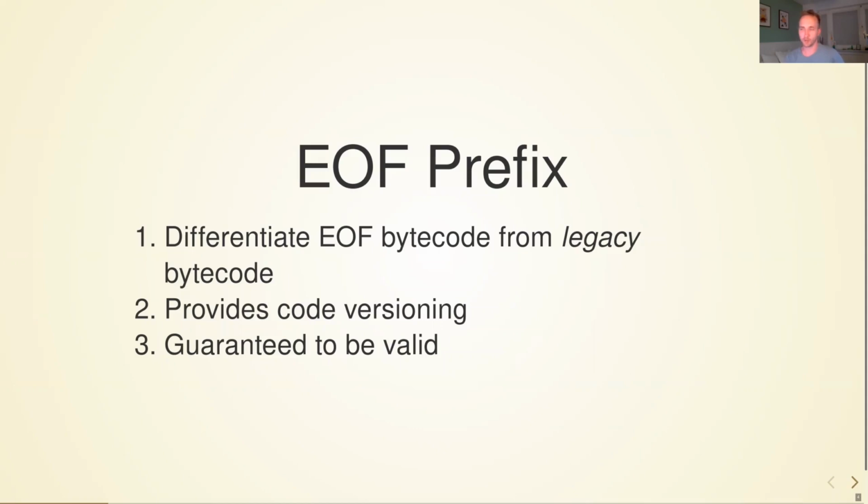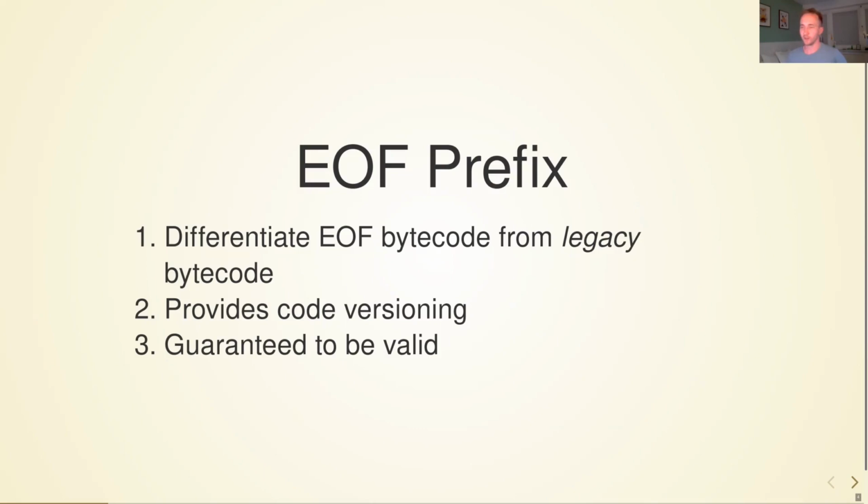By itself, it provides code versioning because the prefix has the version. And the way the EOF code is deployed is designed so that it is guaranteed to be valid when it's deployed.